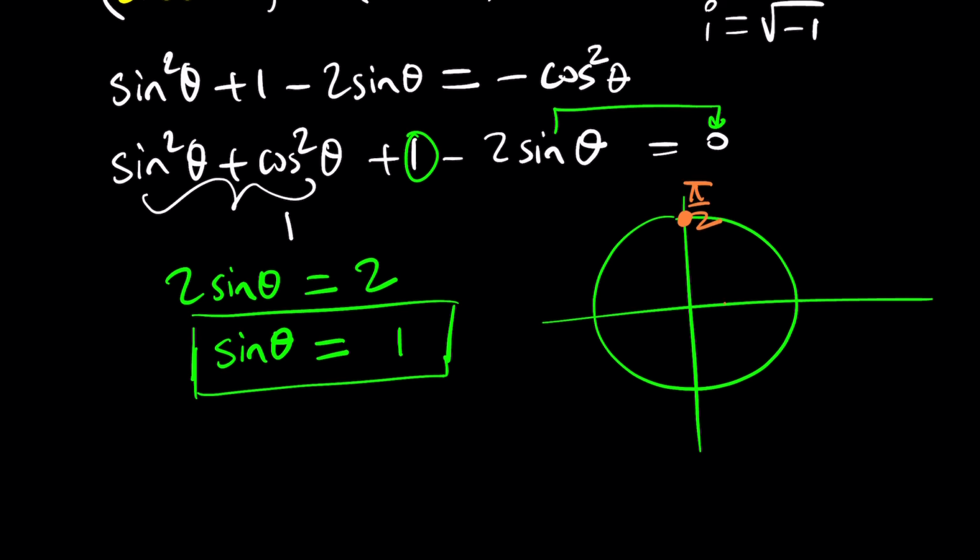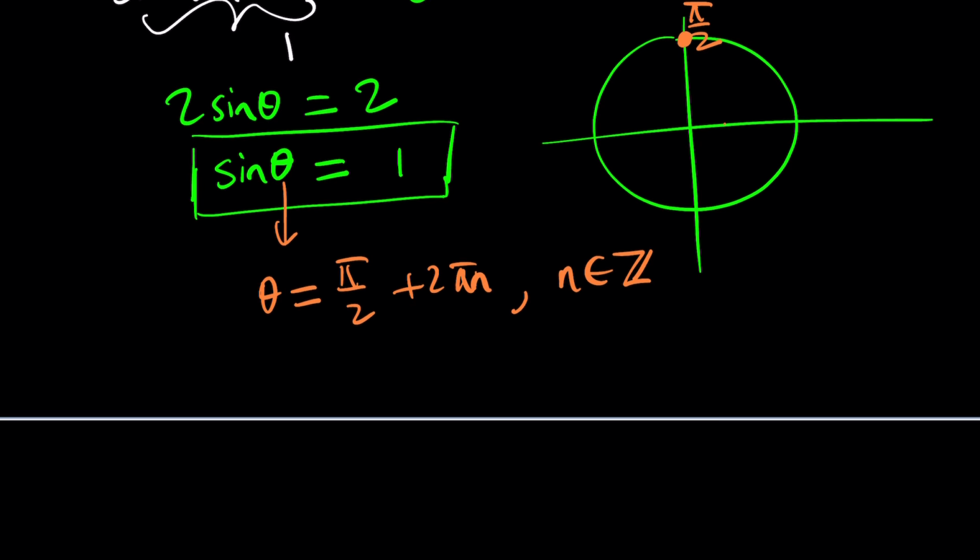That point represents pi over 2 on the unit circle. So theta can be pi over 2, but we're allowed to add multiples of 2 pi. So we can safely say that if sine theta equals 1, then theta is pi over 2 plus 2 pi n, where n is an integer, positive or negative, right? Great. So we got a solution.